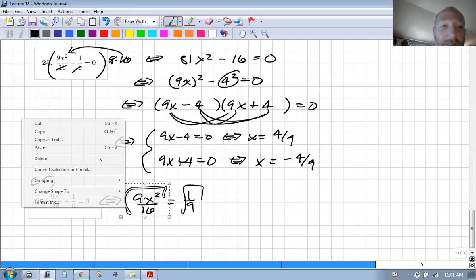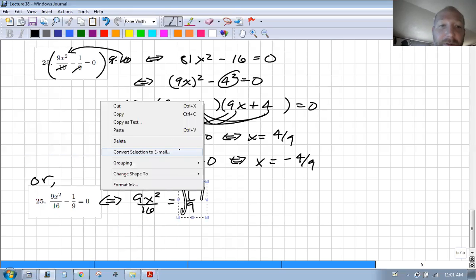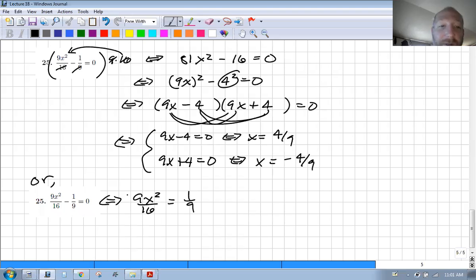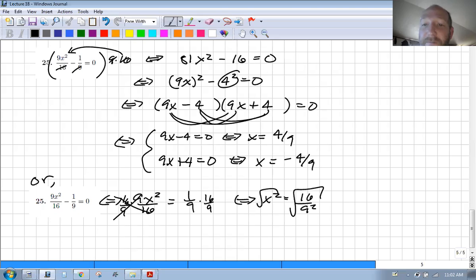Or actually, before we do that, we could multiply both sides by 16/9. x squared would be 16/9 squared, square rooted. Square root of 16 is 4. The square root of 9 squared is 9. So x is plus or minus 4/9.